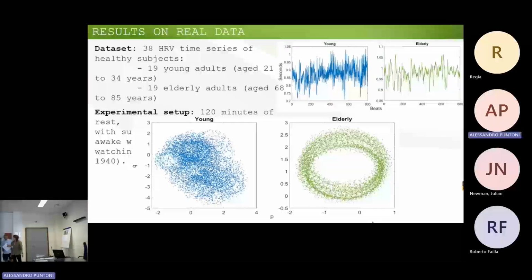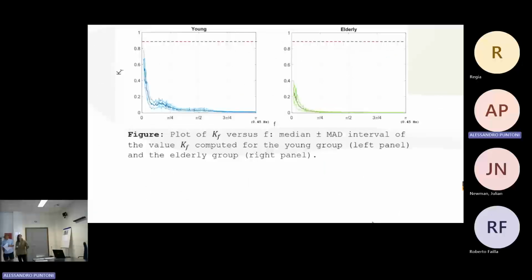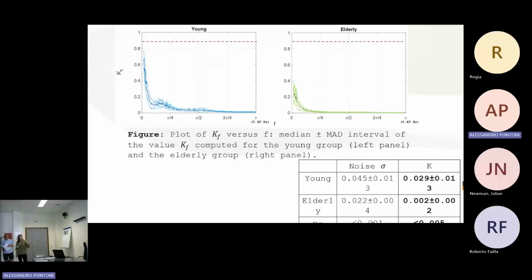Do you have a guess about the physiological mechanisms that you're showing? Maybe, since in the end the dynamics is regular in both cases, I can guess that it is due to the noise. Indeed, the levels of noise are different in the two groups.